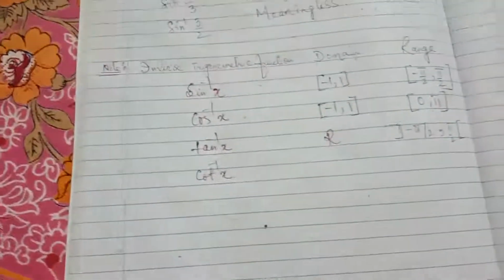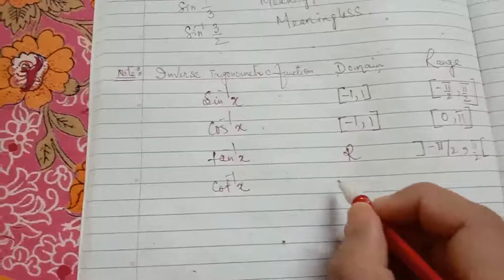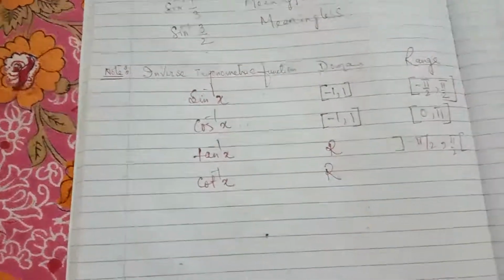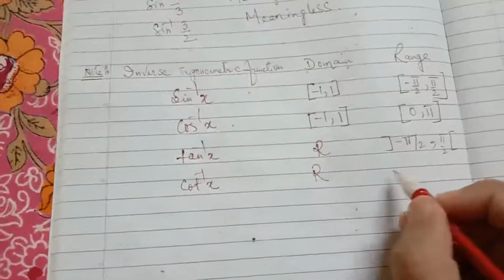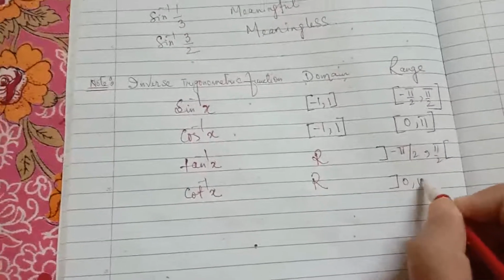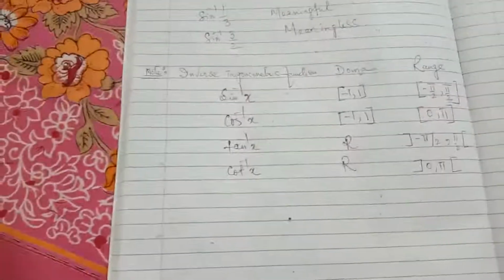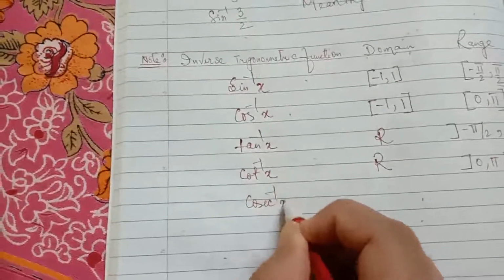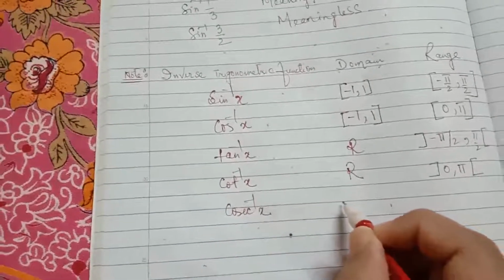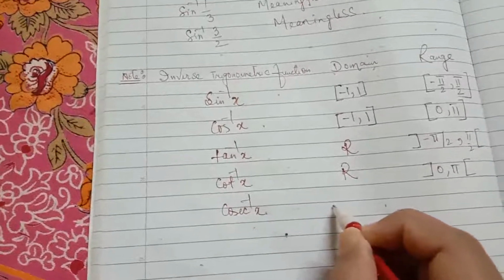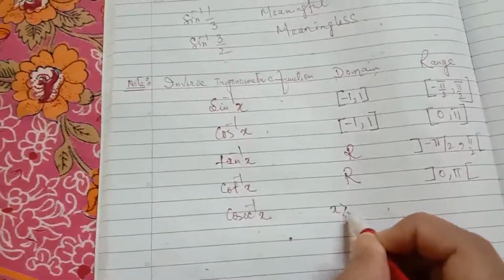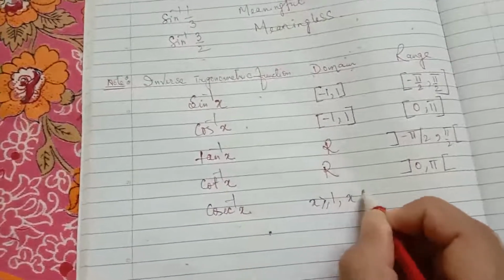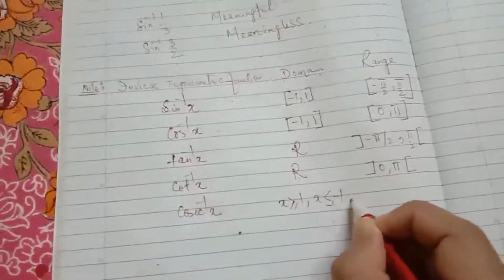Next, cot inverse of x. The domain of cot inverse of x is again R, and the range is 0 to pi, but excluding 0 and pi. Cosec inverse of x. The domain is all real numbers x, x greater than or equal to 1, x less than or equal to minus 1.